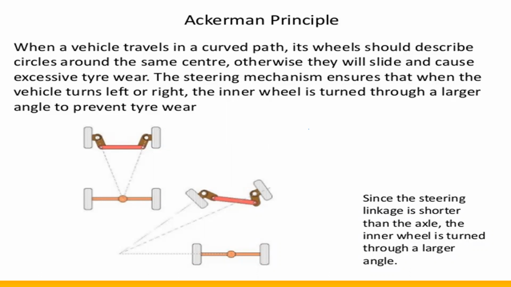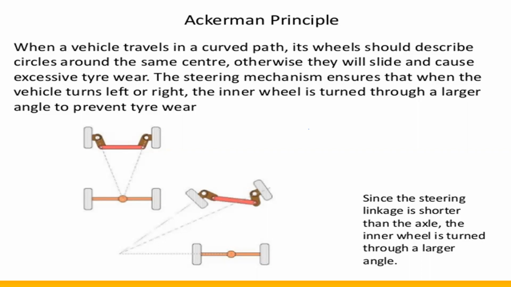In this Ackermann principle, when a vehicle travels in a curved path, its wheels should describe circles around the same center. Otherwise, they will slide and cause excessive tire wear. The steering mechanism ensures that when the vehicle turns left or right, the inner wheel is turned through a larger angle to prevent tire wear.